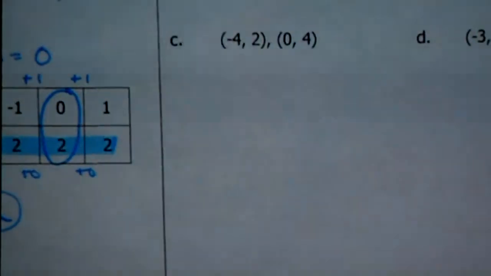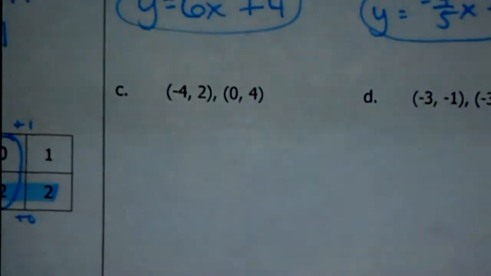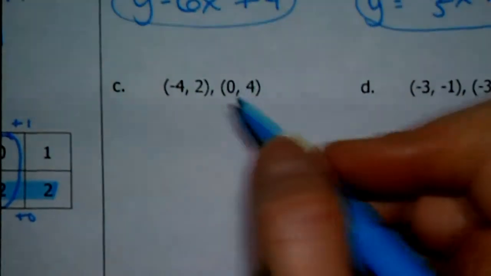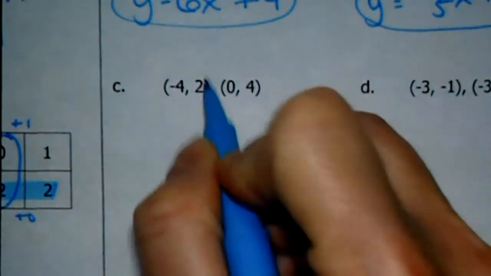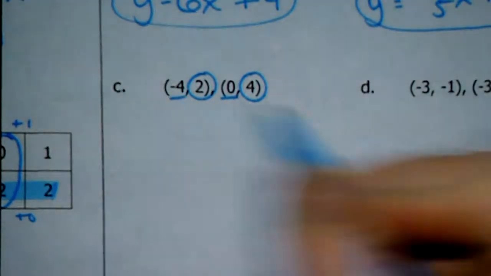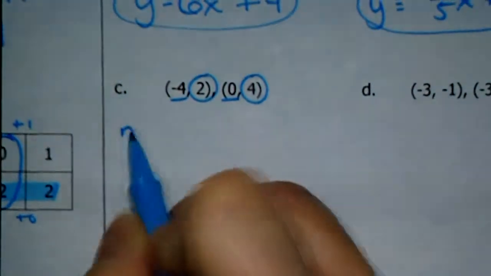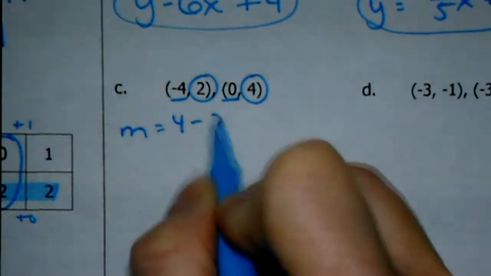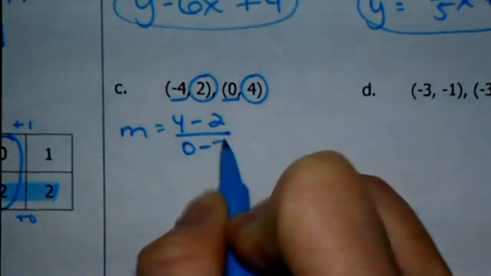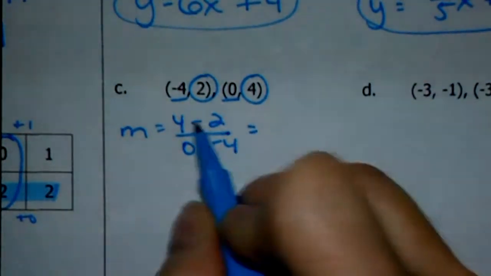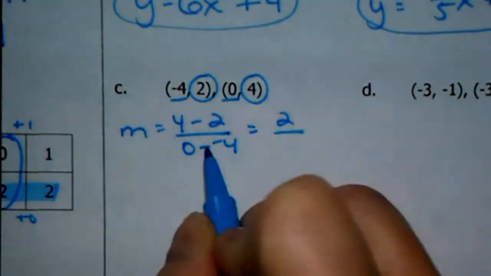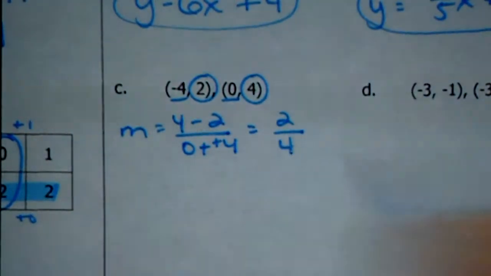All right. Next, if you want to, you could pause me and you could try these last two and then see if you're right. Welcome back. Or not. Maybe you were just humoring me, pretending. It's okay. Alright, anyway, the slope is equal to y2 minus y1 over x2 minus x1. And this one, 4 minus 2 is 2, and 0 plus 4 is 4.